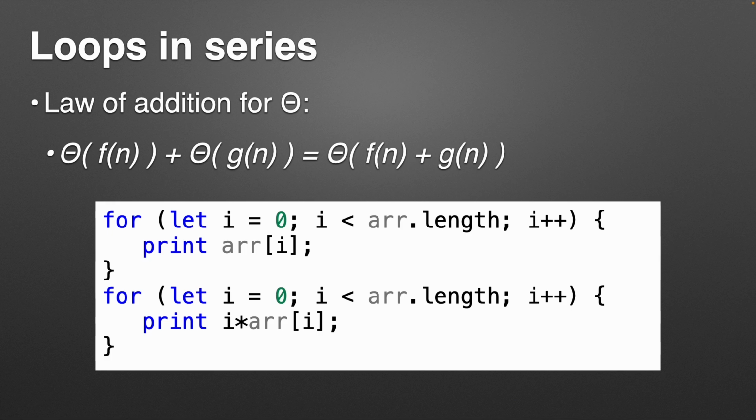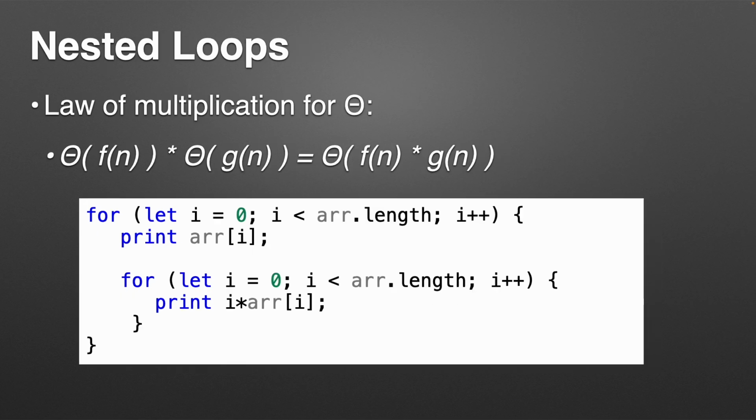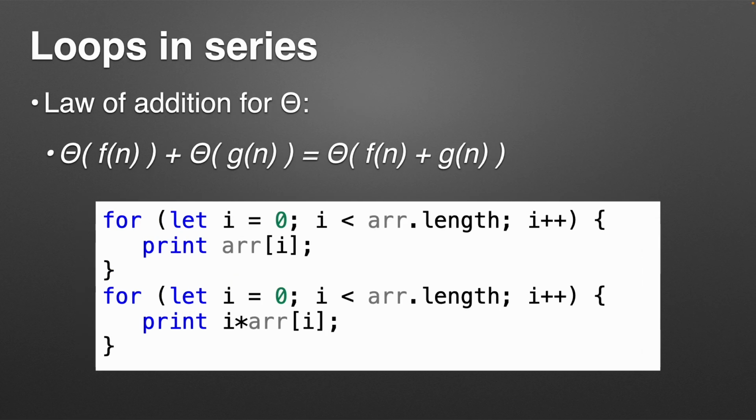So when you see loops that are just one after another, loops in series, you don't need to do anything special apart from analyze each one, and that's just an addition term on your function. So it will be 2n, but we're just going to make it big theta n. If it was 5n, it would still be big theta n, and the reason is that we don't care about any constant. A number that's being multiplied is negligible for this.